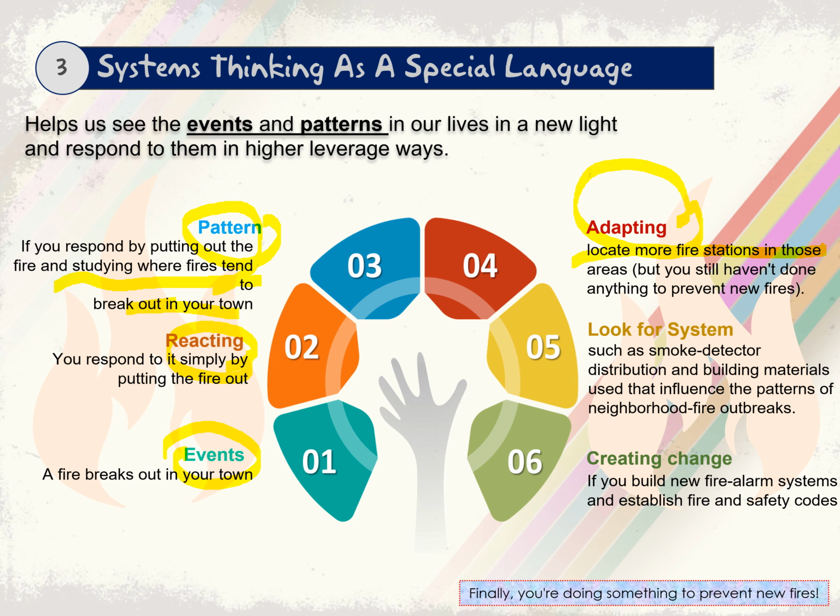And then you look for the system, for example smoke detectors or building materials which influence the patterns of neighborhood outbreaks. As a result of this, you build a new fire alarm system and establish fire and safety codes. Then only are you creating change, so finally you are doing something to prevent new fires.